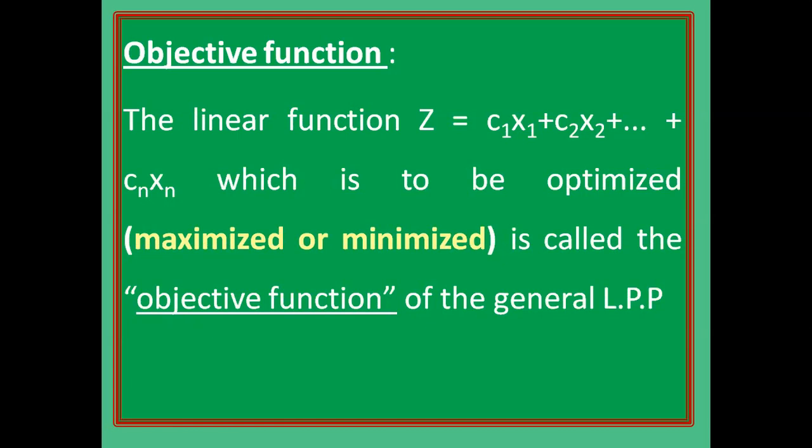One more definition, objective function. The linear function z, which is equal to c1x1 plus c2x2 plus so on up to cnxn, which is to be optimized, maximized or minimized, is called as the objective function of the general LPP.